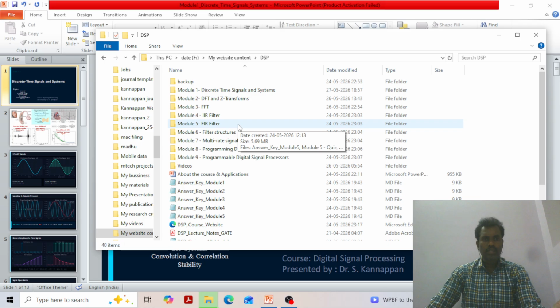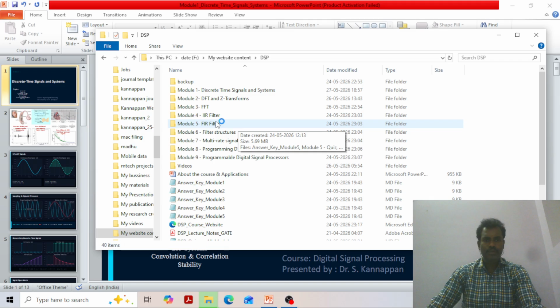Broadly, digital filters are of two types, IIR filters and FIR filters. Infinite impulse response is the IIR filter and finite impulse response is the FIR filter. These two filters and their design are covered in modules 4 and 5.